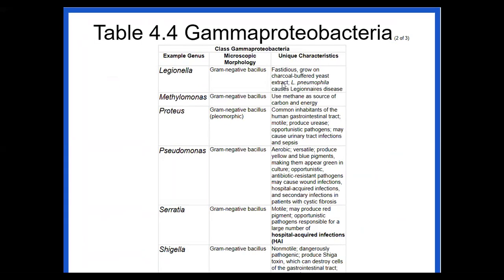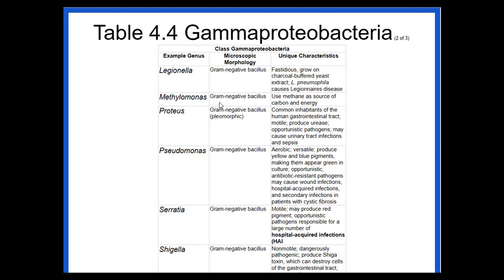Legionella. This is a fastidious bacteria. It can cause Legionnaires' disease. Depende sa nutrient, it can grow on charcoal buffered yeast extract. So importante yung Legionella.